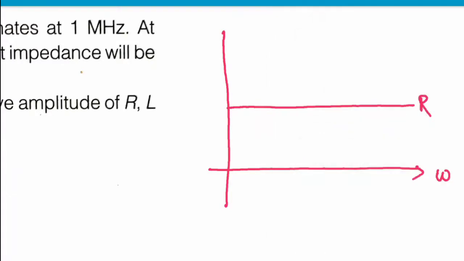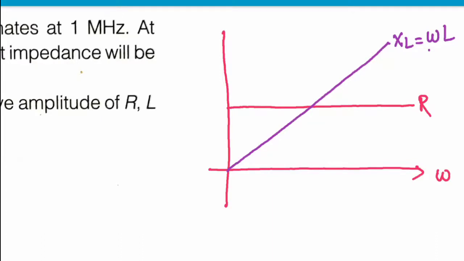Next comes the XL. What is XL? XL is omega L, that is the inductive reactance, and this is directly proportional to omega, that is XL is equal to omega L. L is constant, so this is directly proportional to the frequency. Now comes the XC, that is the capacitive reactance.